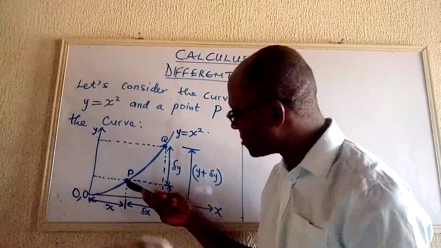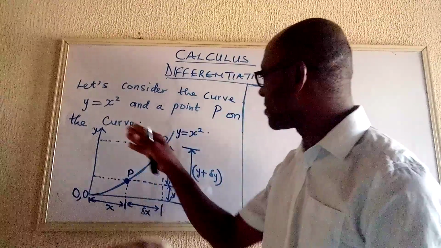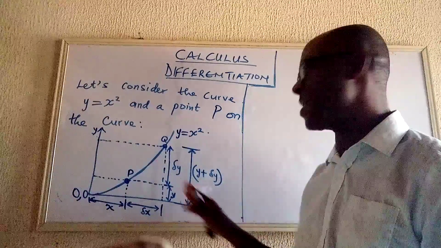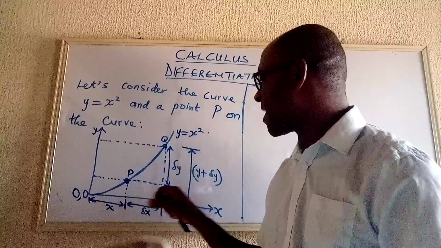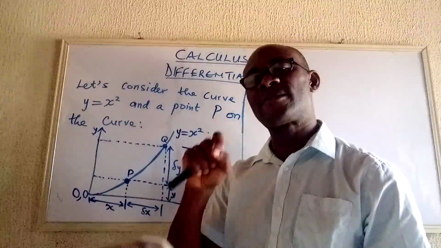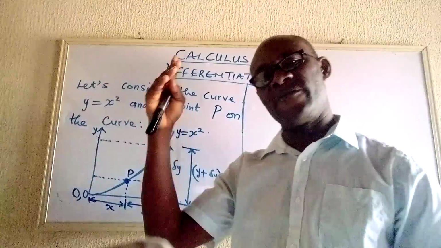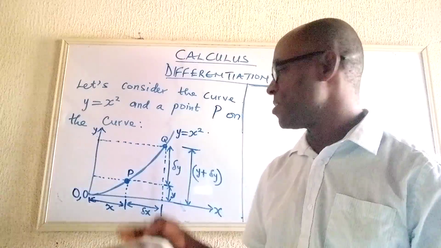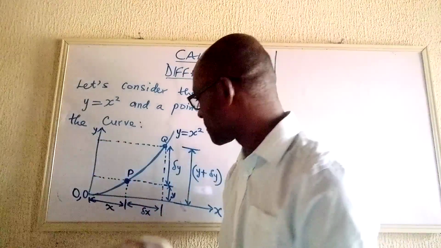So I'm picking a point P here. And every point on the xy plane, this is y-axis, this is x-axis, that's what we call xy plane. Every point on the xy plane has a coordinate. That is, the value on the x-axis and the value on the y-axis, the abscissa and the ordinate.